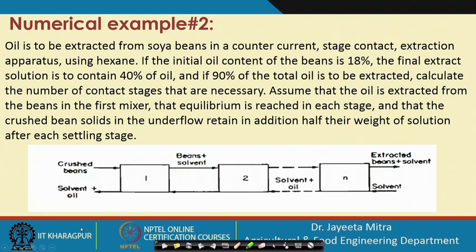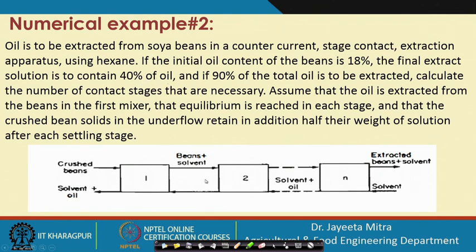So, the question is, oil is to be extracted from soya bean in a counter current stage contact extraction apparatus. So, multi-stage, and there are different stages. In every stage the beans, the solid material and the solvent come in close contact, and the initial oil content of the bean is 18%. The final extract solution is to contain 40% of oil.